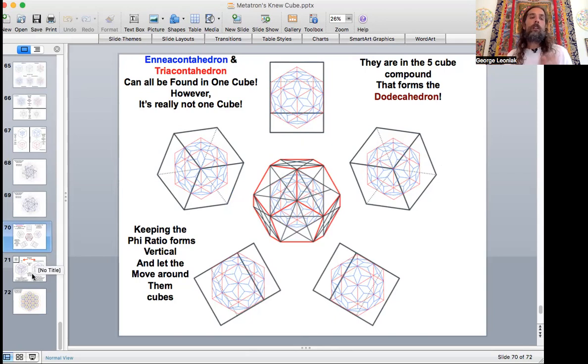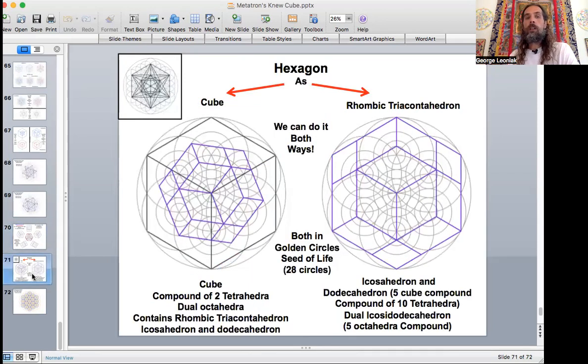So one of the main questions that I'll be leaving you all with is, we can do this drawing both ways, as I've demonstrated. The cube can be the primary point of concentration within this drawing, and we can draw the Platonic solids nested in, as I've demonstrated in this video.